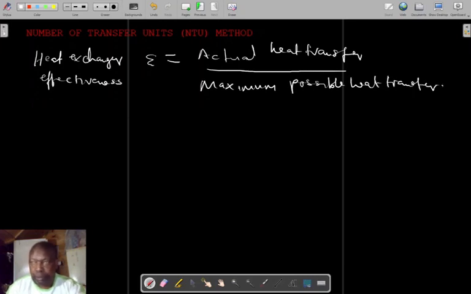So this is equal to Q actual divided by Q maximum.